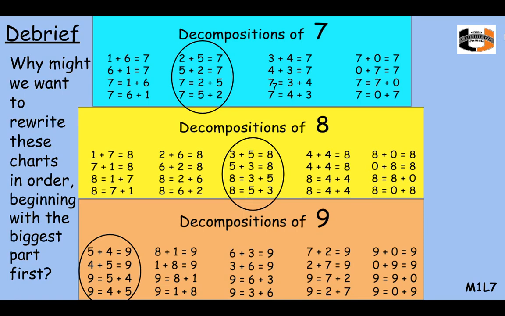We could see the patterns better. Math is made of many, many patterns of numbers. So if we organized our charts, we could see the patterns better. We could see the parts go down in size.